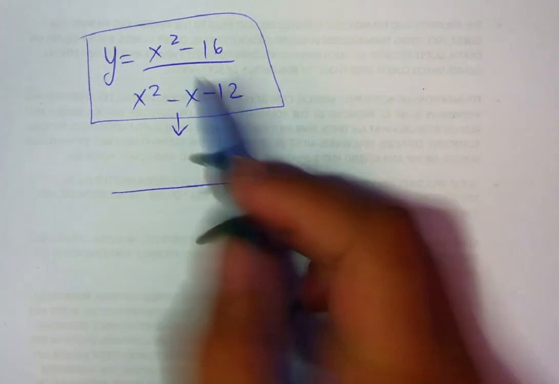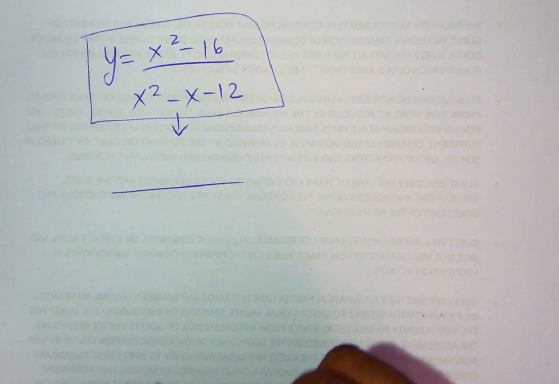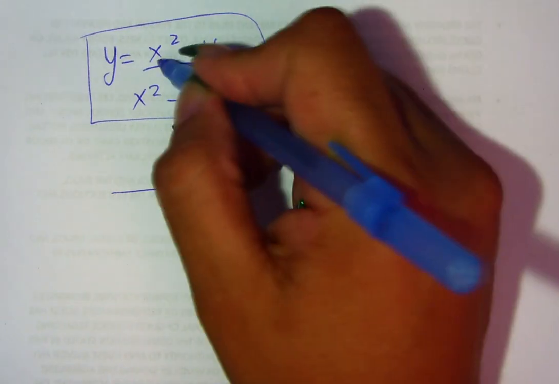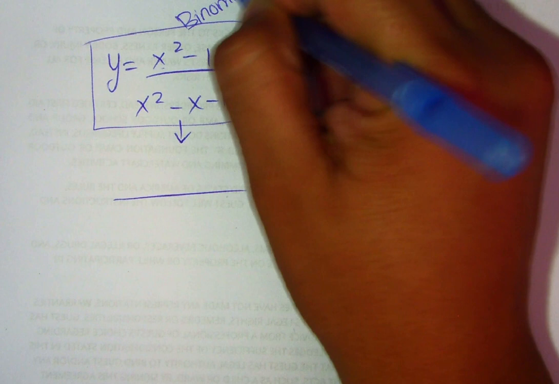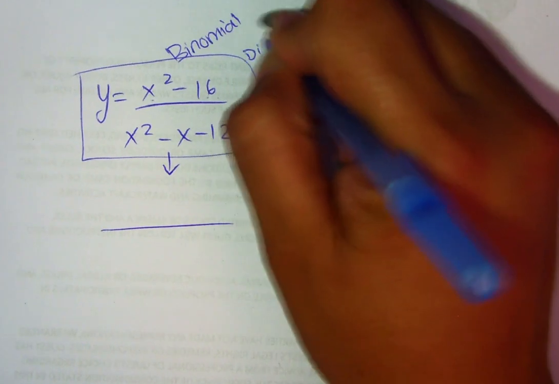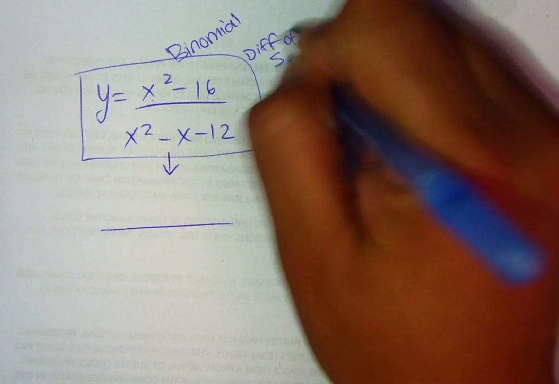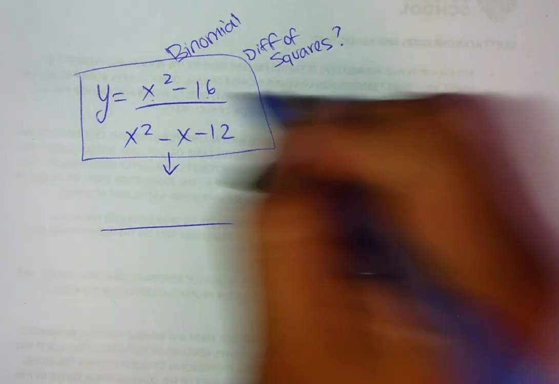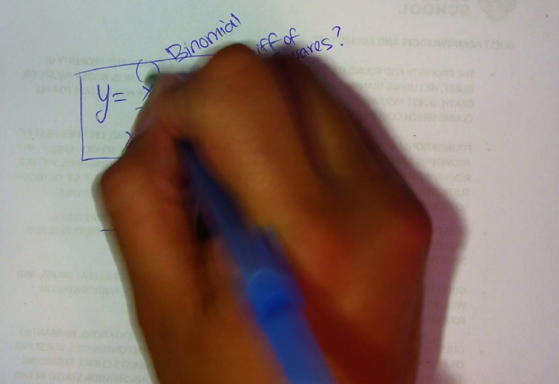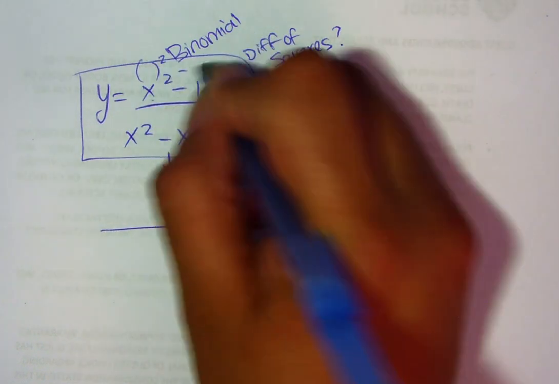So to turn the numerator into factored form, we need to again notice that this is a binomial. And when it's a binomial, most likely it could be a difference of squares. So you want to check for that. To check if it is a difference of squares, you just ask yourself, is it something squared minus something squared?